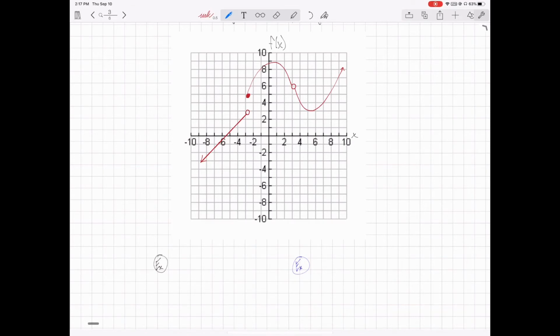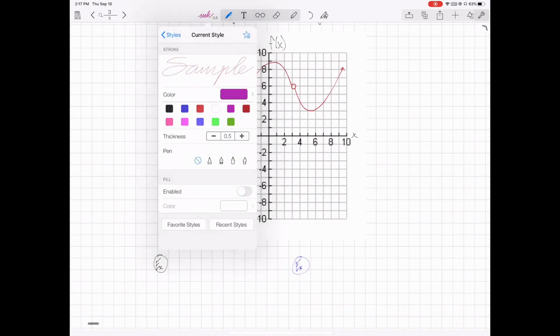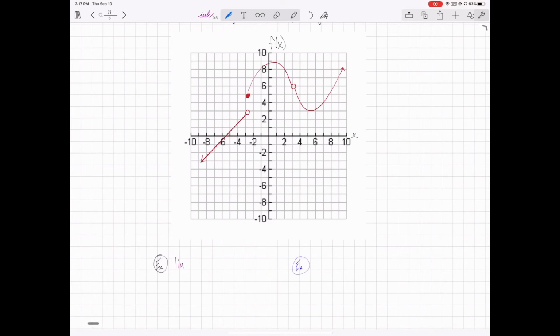So if you were to be asked something like, what's the limit as x goes to 3 of f of x, well, f of x is this function, and 3, that's giving you an x value.